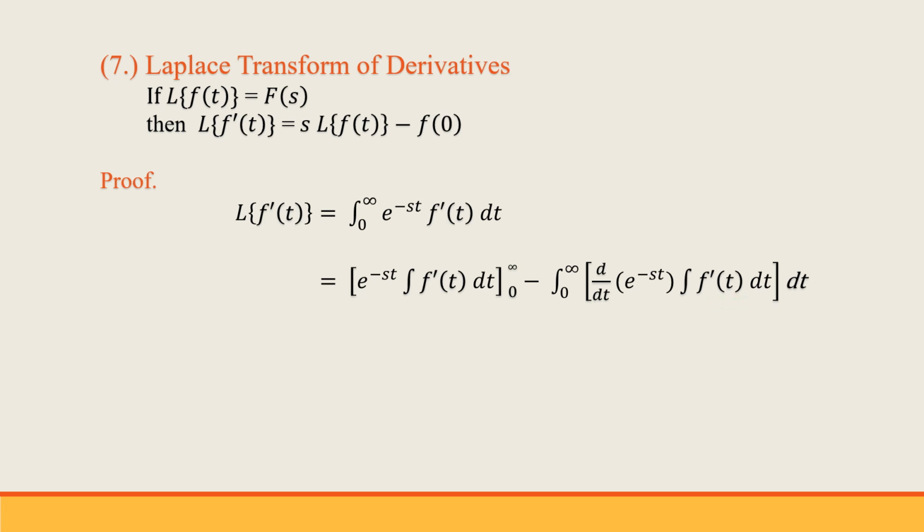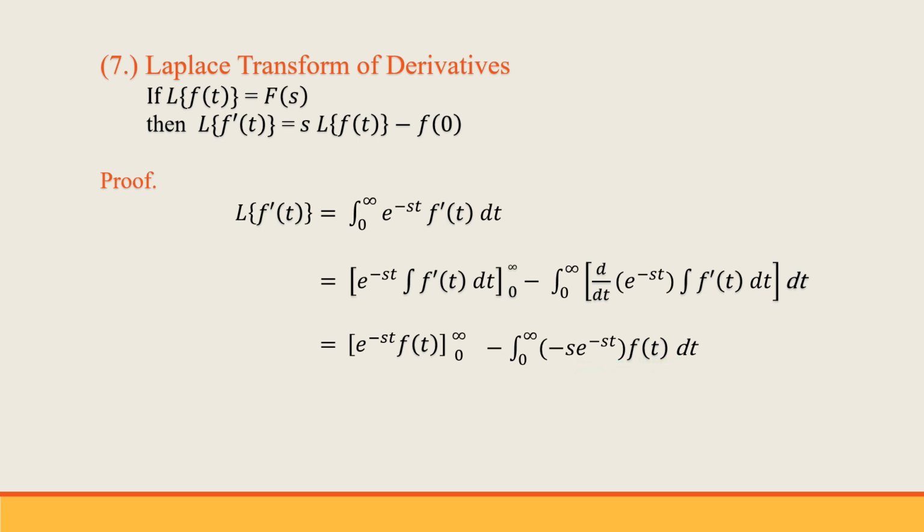As the integral of f'(t) is f(t), we can write e raised to the power minus st into integral f'(t) dt as e raised to the power minus st into f(t), limit from 0 to infinity. And similarly, by differentiating e raised to the power minus st, we get minus integral 0 to infinity minus s into e raised to the power minus st into f(t) dt.